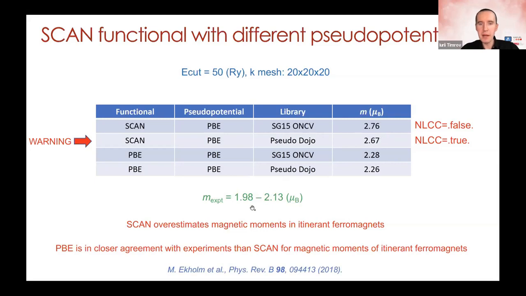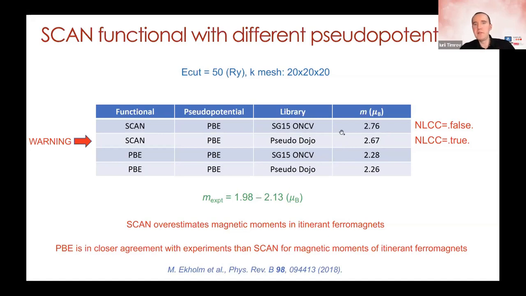The experimental magnetic moment has quite a big error bar. It's in the range from 1.98 to 2.13. We can see that both SCAN calculations with the two types of pseudopotentials overestimate the experimental magnetic moment quite largely.